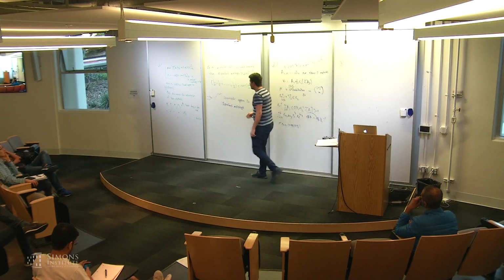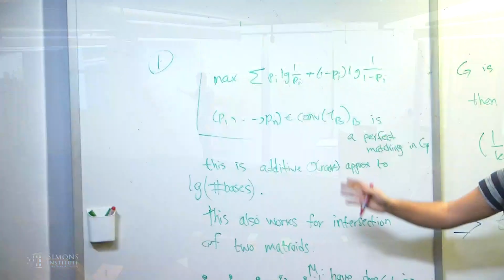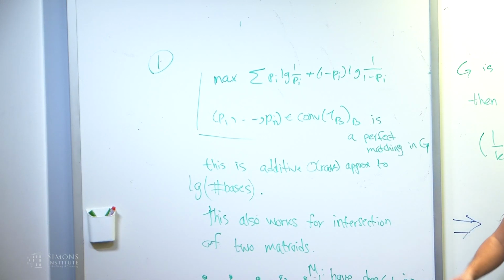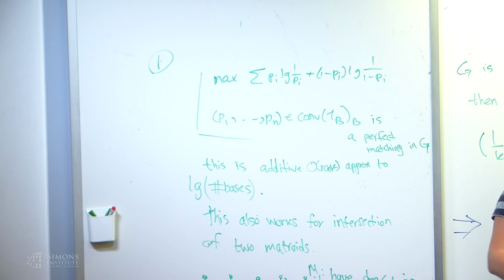Here we were doing some sort of a convex program over the convex hull of a set, right? Now you can ask, what if your set is a weighted set, or you have a distribution which is not uniform over a set? What does that even correspond to?